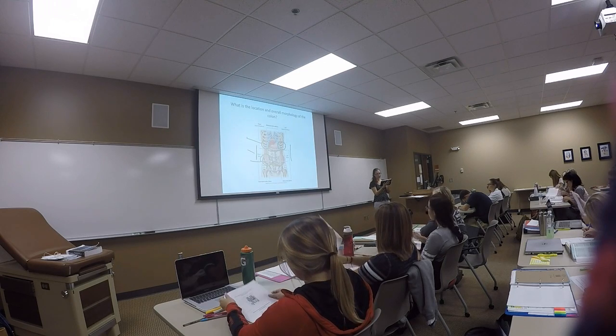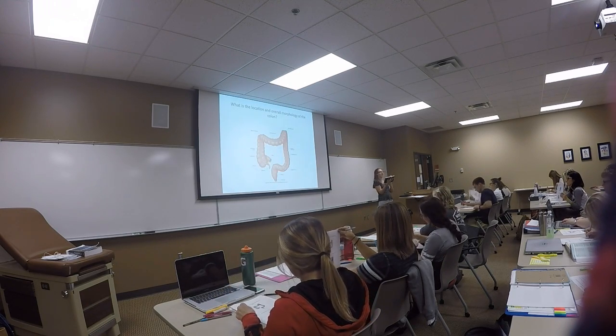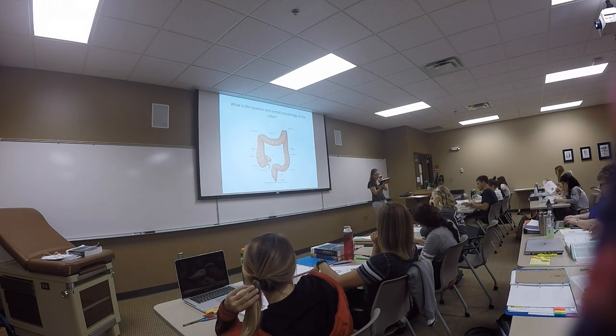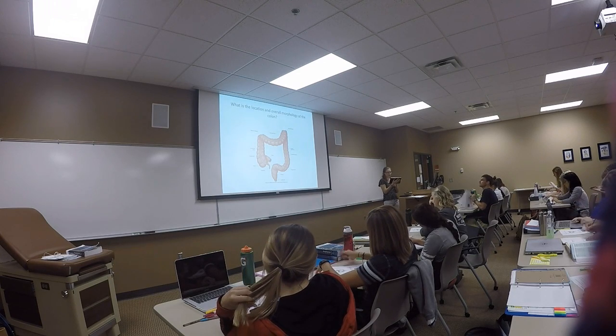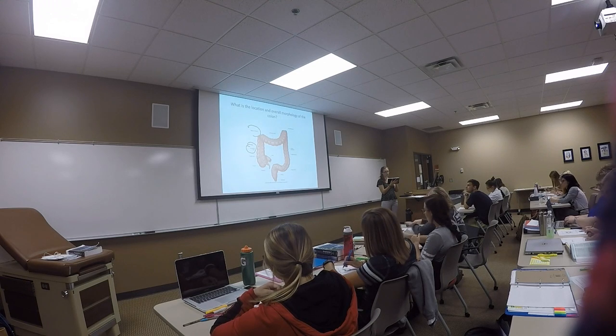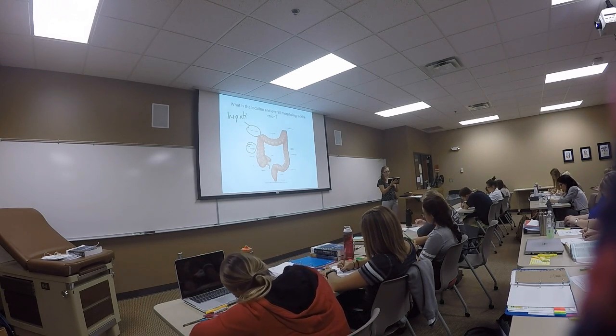So then let's look a little bit closer at some of the morphological features. So I already talked about the ascending colon, the right colic flexor. The right colic flexor, I do want to point out, is also called the hepatic flexor, because it's near the liver.